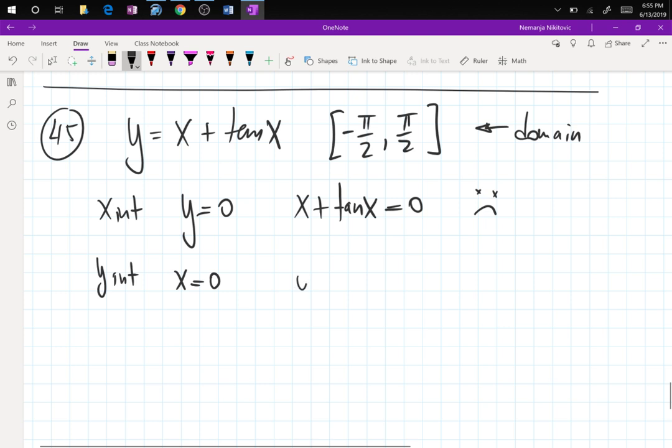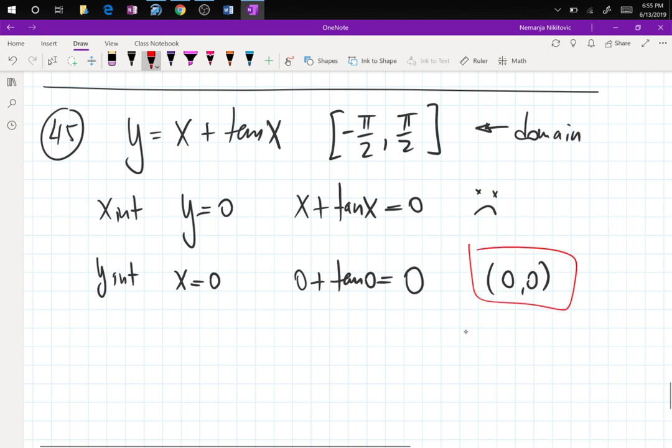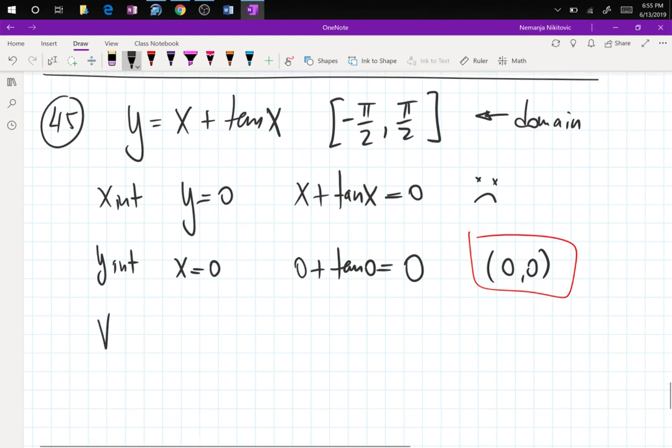So when x is equal to 0, we get 0 plus tangent 0 equals 0. So we get the point (0, 0). This is the y-intercept and x-intercept at the same time. Great. Vertical asymptote?